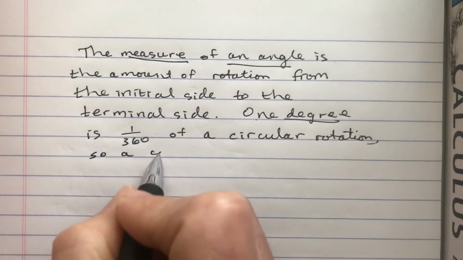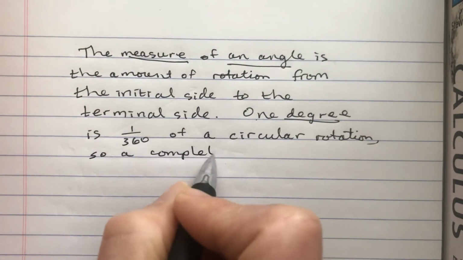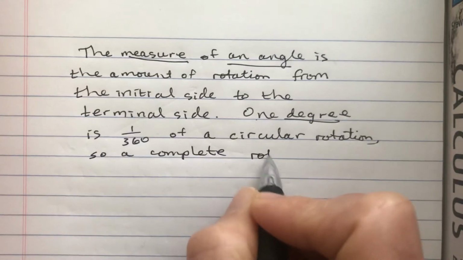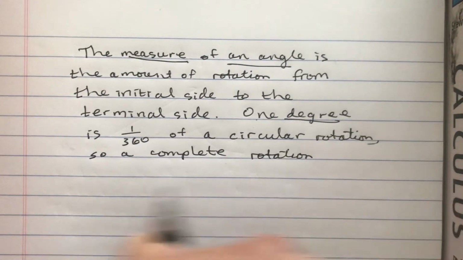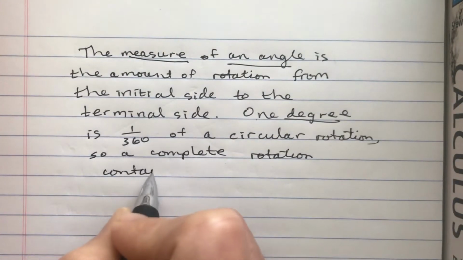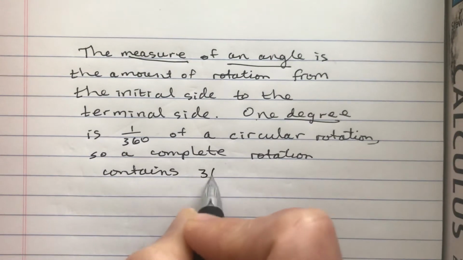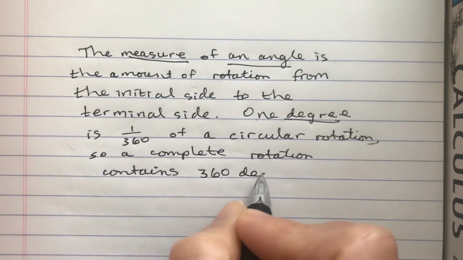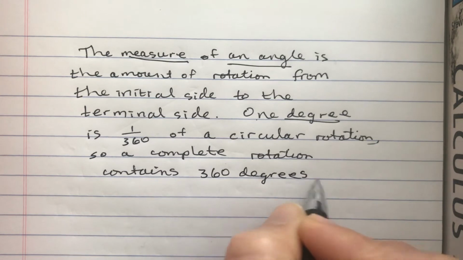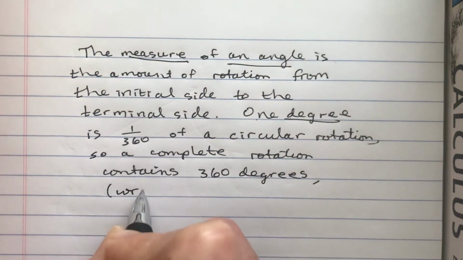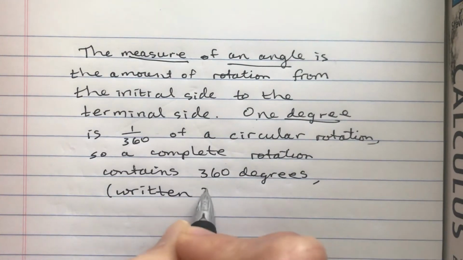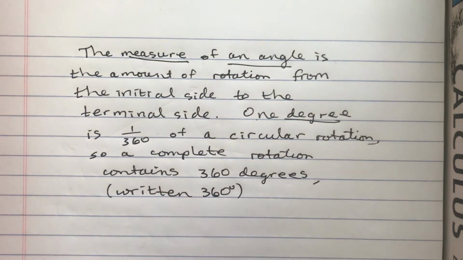So a complete rotation contains 360 degrees. And then you write that 360 with this little circle above it.